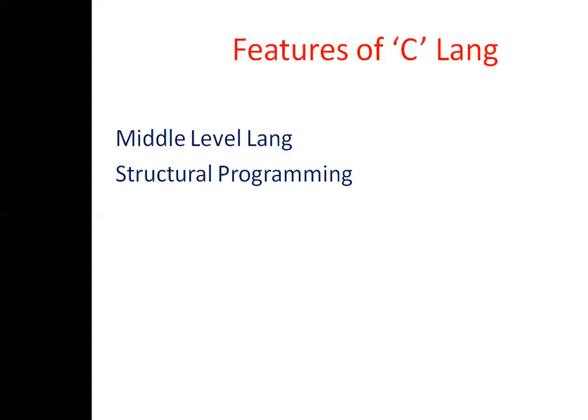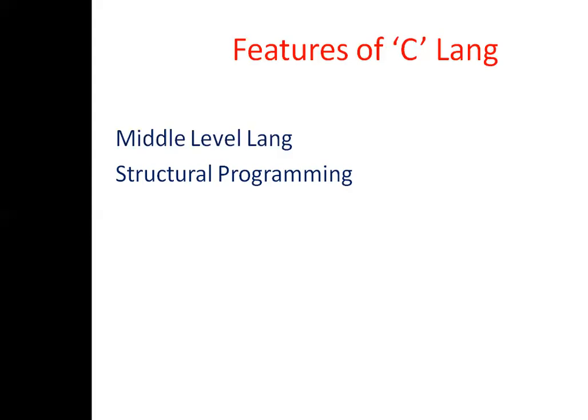If we are using that language, we have to follow its grammatical rules and regulations. If we are not following that grammar, it is not a valid language or valid statements, like that. C is also a language which is very strict about its grammatical rules and regulations. So for that it is called a structural programming language. Getting it? The language which maintains a certain structure, the language which follows a certain procedure.